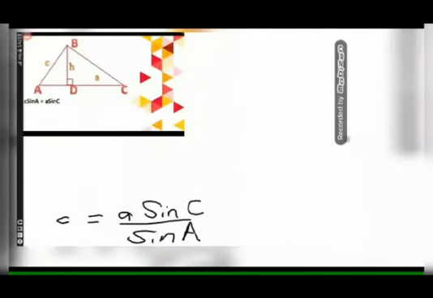In order to get to our sine rule, we need to multiply both sides by 1 over sine C in order to eliminate the sine C on the right side.